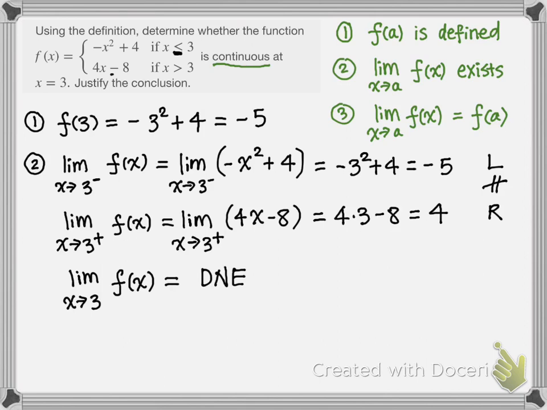So we don't need to check number 3. And we will say this function f of x is not continuous, or you can just say it's discontinuous at x equals 3.